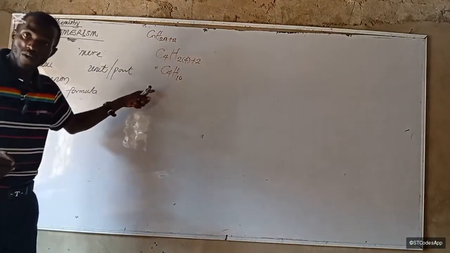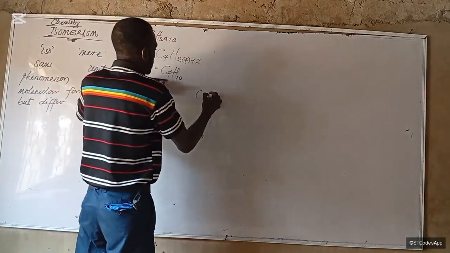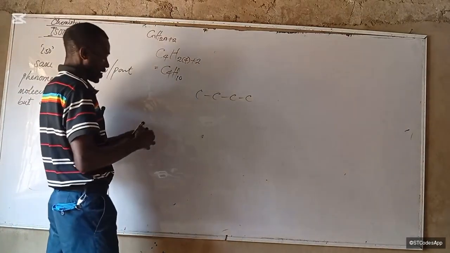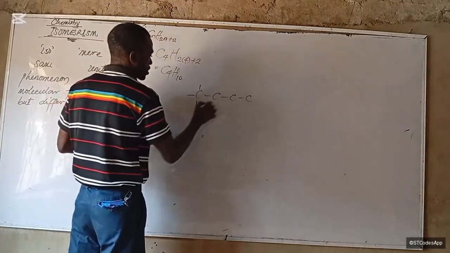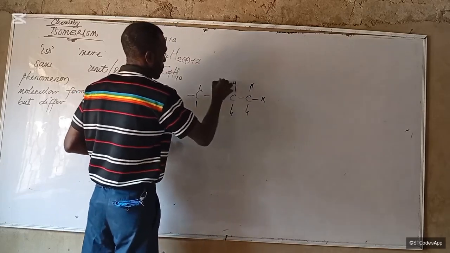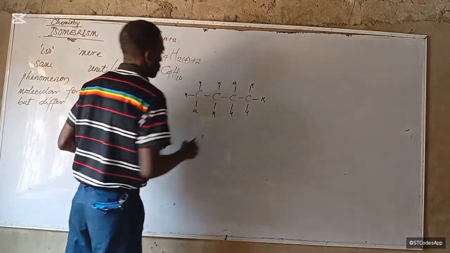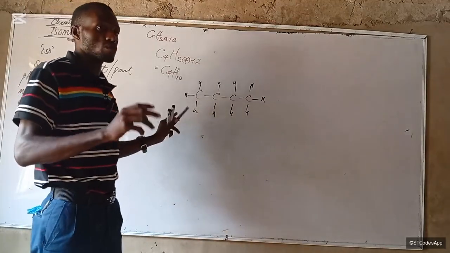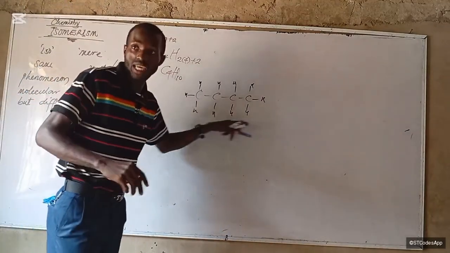Now, the structural formula of this would be C in 4 places, 1, 2, 3, 4. There our H is 1, 2, 3, 4, 5, 6, 7, 8, 9, 10, right? What is this? This is butane, right?